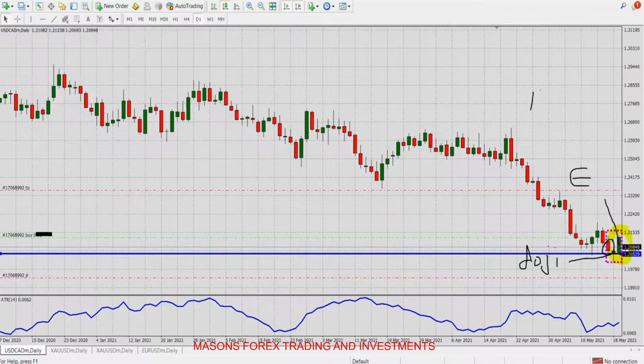If I had to draw it for you, I would draw it something like this in the circle. So as price came into the significant level, which is 1.20529, I noticed the engulfing bar and this pattern formation.